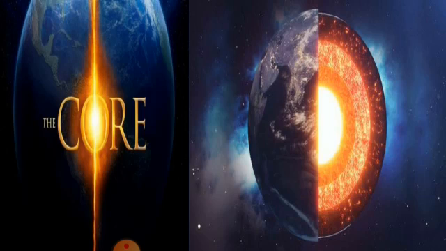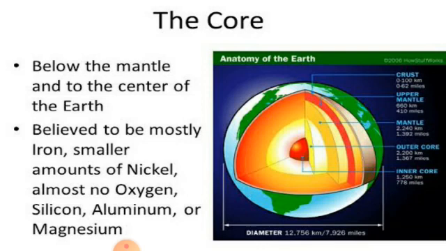Now we shall learn about the last layer of the earth, that is the core. See the location of the core and it shows how hot the core is. Where is it located? The core is located below the mantle and at the center of the earth.